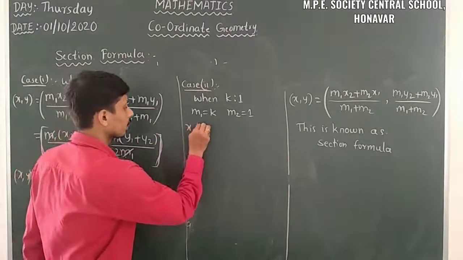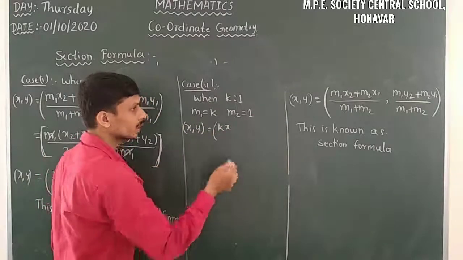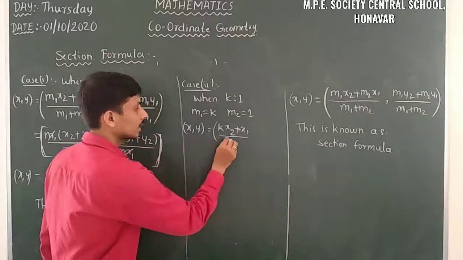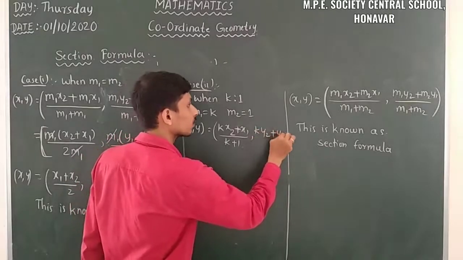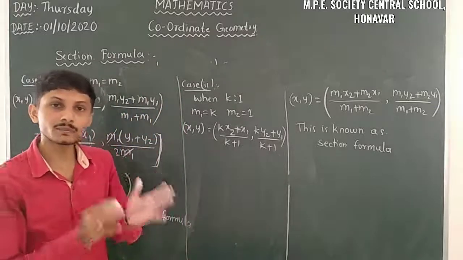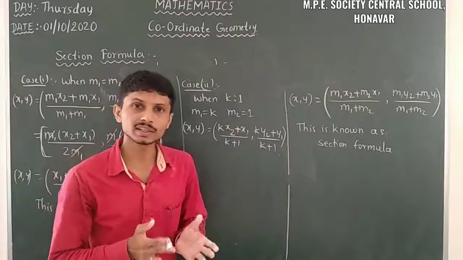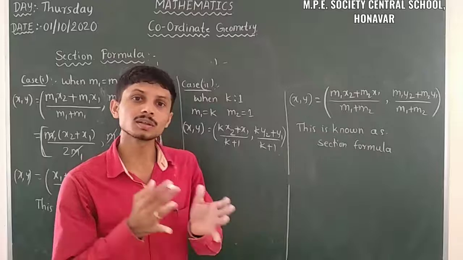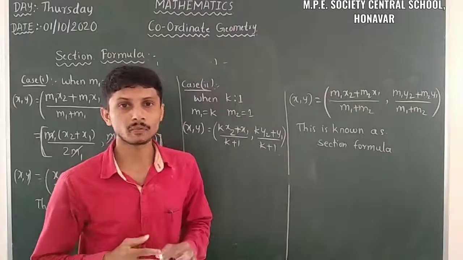What happens? x comma y is equal to k into x2 plus x1 divided by k plus 1 and k into y2 plus y1 divided by k plus 1. So likewise, we have to know what is the ratio given here and what are the coordinates given here. Based on the ratios and based on the coordinates, we have to find out that point x comma y.